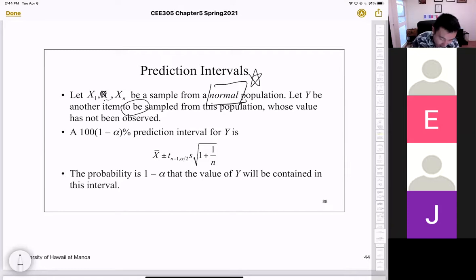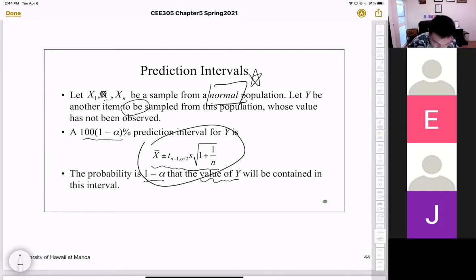Then the 100 times (1 minus alpha) percent prediction interval for Y is this. Again, pretty similar to the confidence interval, as you can remember, but with a little bit of difference. The probability is 1 minus alpha that the value of Y, the future value, will be contained in that prediction interval.